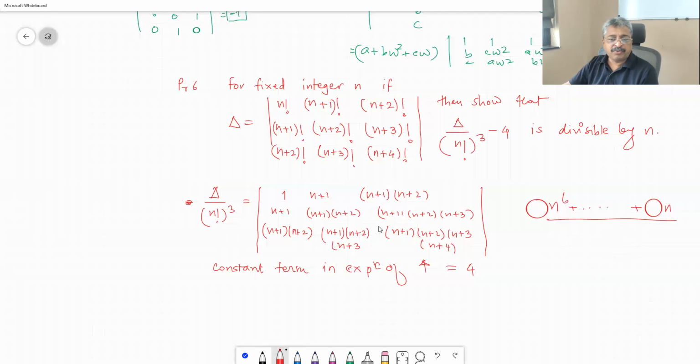Okay, so we have to find out what is the constant term in this particular determinant, and this is a polynomial in n, and we want to find the constant term. Therefore put n equal to 0. That will give us the constant term.